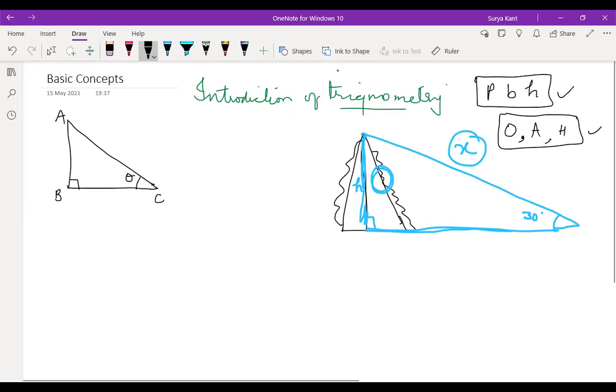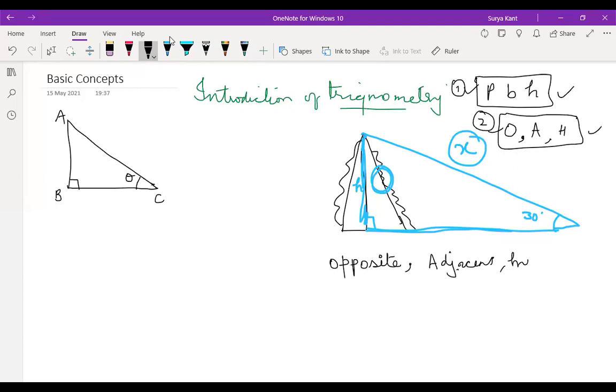Actually, your textbooks have mentioned opposite, adjacent, and hypotenuse.